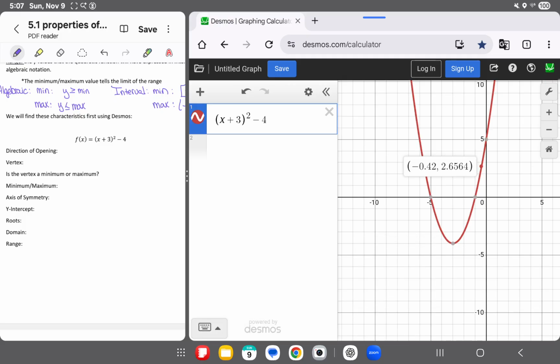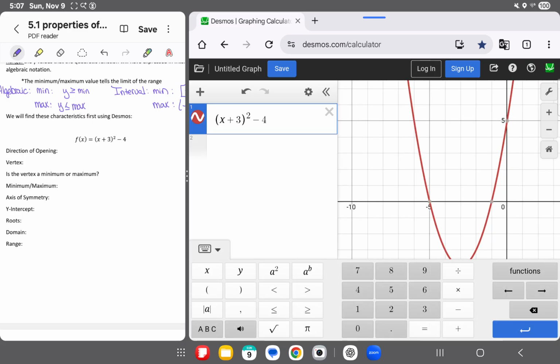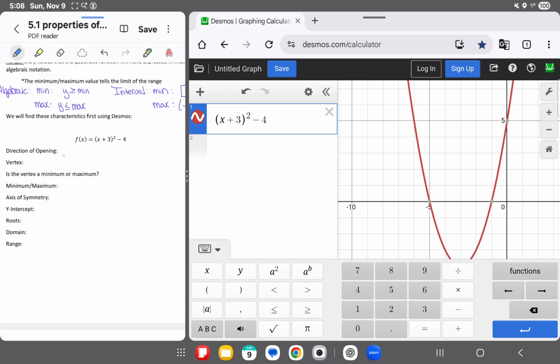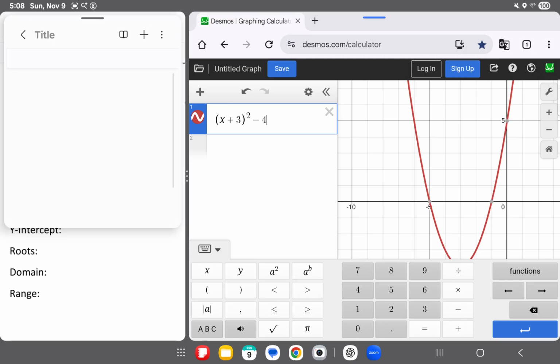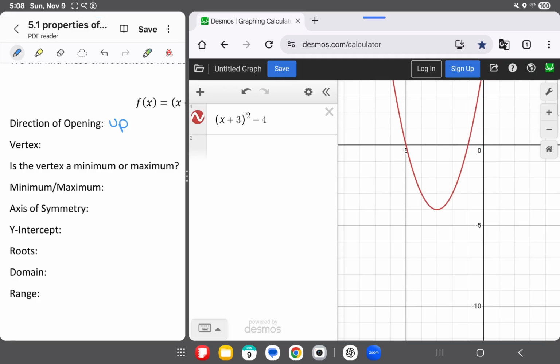All right, so if we look at our graph, we see that we are definitely opening up. So I'm going to go ahead and note that on our notes. And then our vertex. Our vertex is that turning point of the curve.